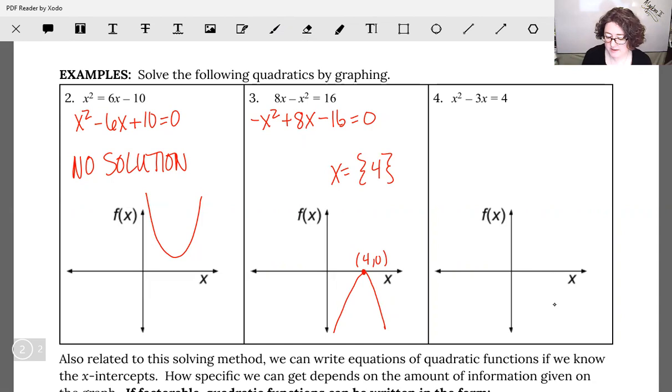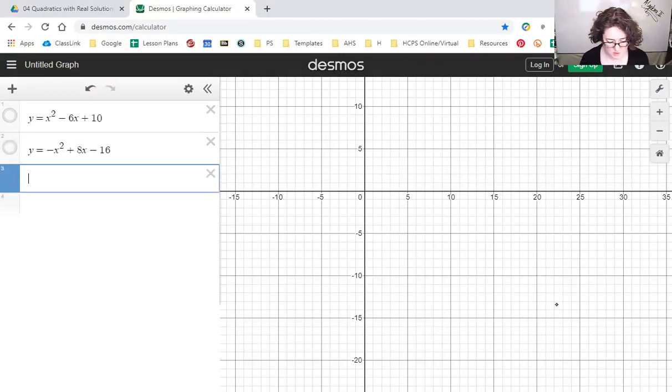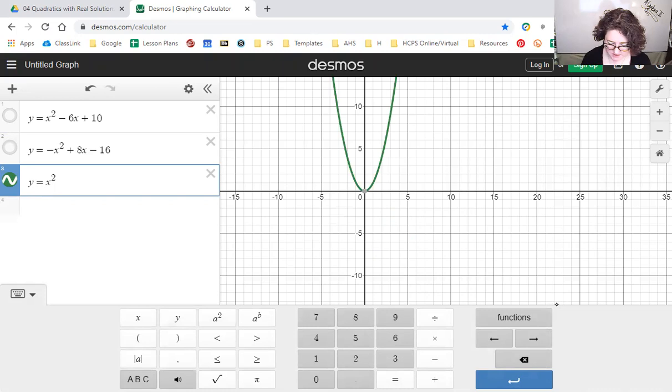Alrighty, so number 4, again, all we have to do is move the 4. So minus 4 equals 0. And then we go through and we graph it out. So I can turn off my previous graph and let's type in the new one. So y equals x squared minus 3x, whoops. If that ever happens, just use your arrow keys and move over.